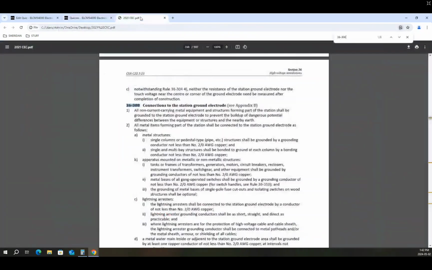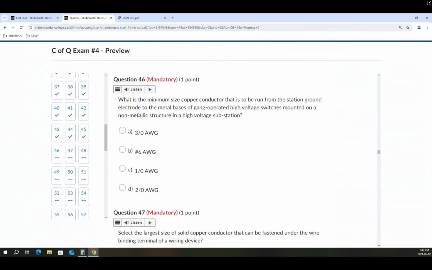High voltage switches. So this looks like it's the right one. So non-metallic switch gear shall be grounded not less than 2-aught copper, 2-aught.